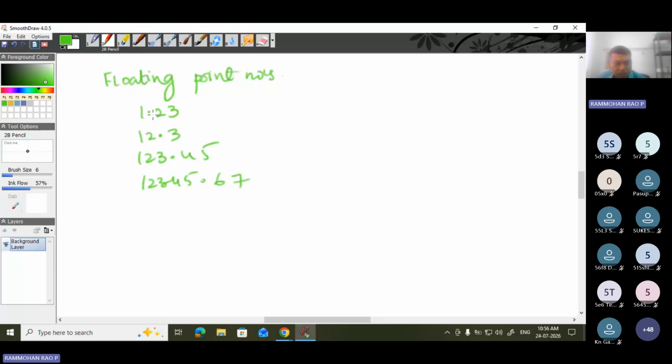It is after 1 digit, after 2 digits, after 3 digits, after 4 digits. These are fractional numbers, real numbers, in which the position of the point is not fixed. So I say the position of the point is floating, and hence these numbers are called floating point numbers.